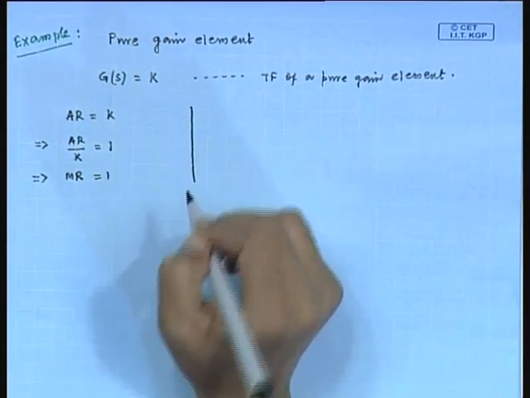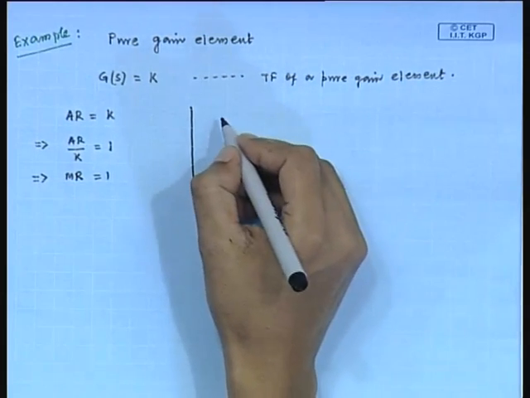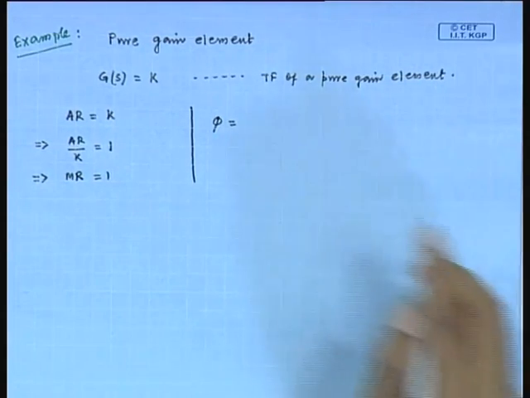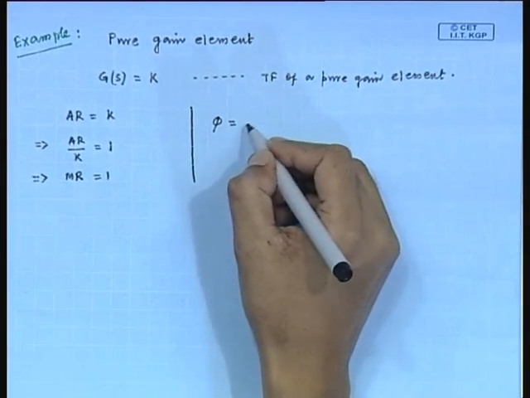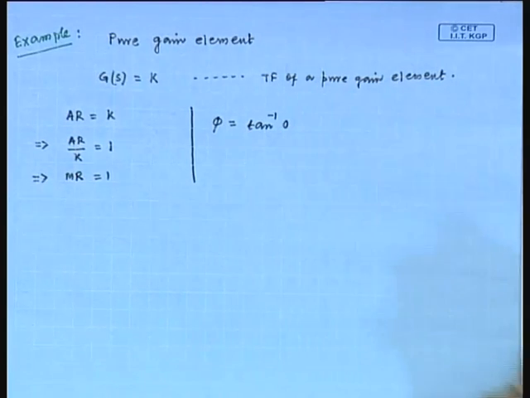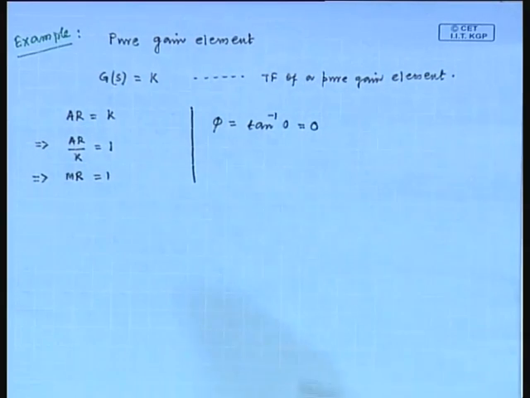Now, we will determine the expression for phase angle phi. Phase angle will be how much? Tan inverse 0, because imaginary part is 0 and real part is k. So, 0 by k, that is 0.